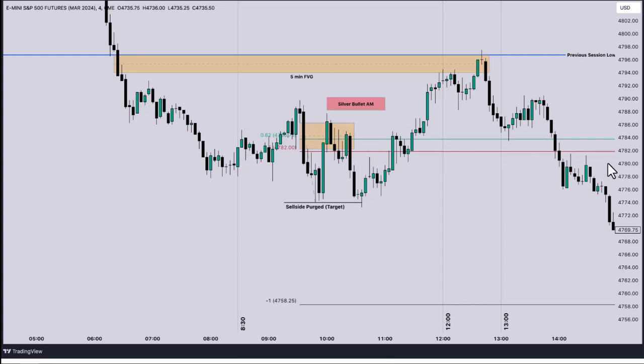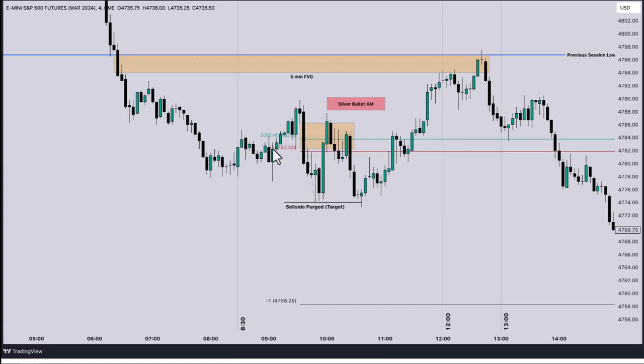So entry would have been 47.82 area. Actually, I have 47.82 in the quarter to 47.74, which is the sell side. Could have been a target. It hit it nicely, took out sell side real quick, and then it went higher. So that was a trade.